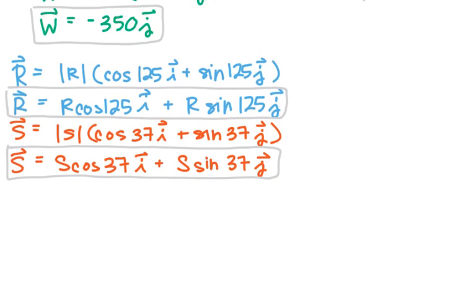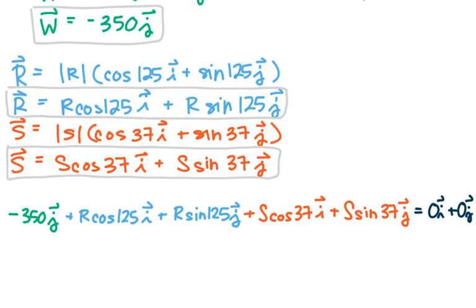Or rather, we'll say W plus R plus S is equal to 0I plus 0J. So I'm going to write that out. And what we see here is that I have W plus R plus S equals my zero vector.